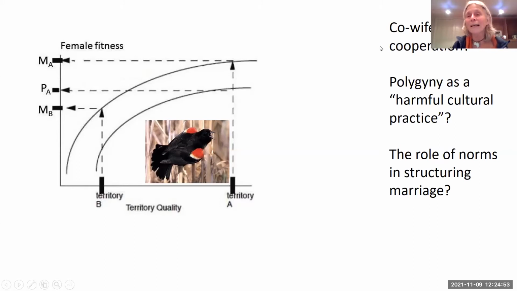One is, why can't we cope with this idea of co-wife cooperation? Secondly, is it right to class polygyny as a harmful cultural practice? And thirdly, what are the roles of norms and institutions in all of this?